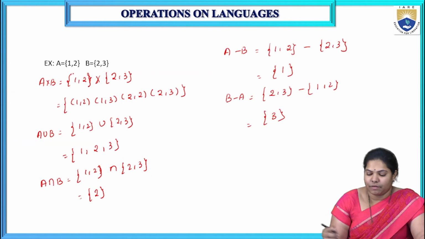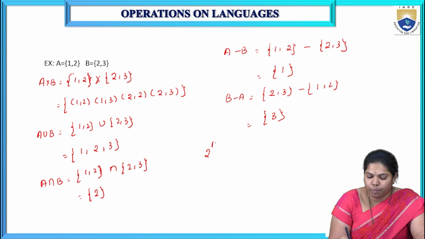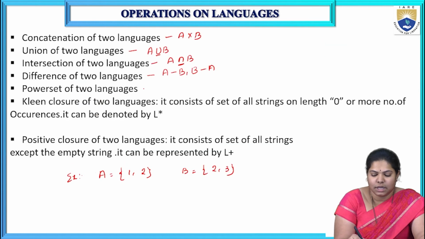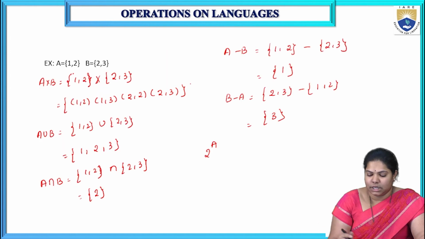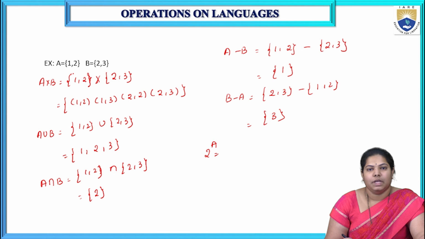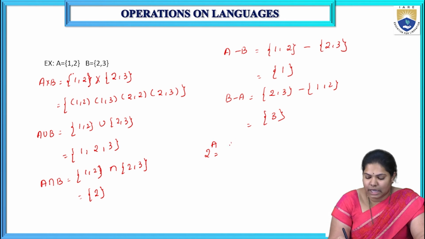Here we represent the power set by using 2 power of A and 2 power of B. How to find this power set? Here A has the elements 1, 2. What is the power set?